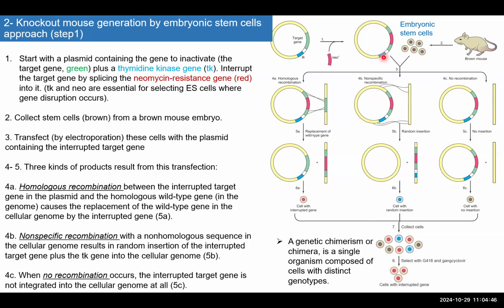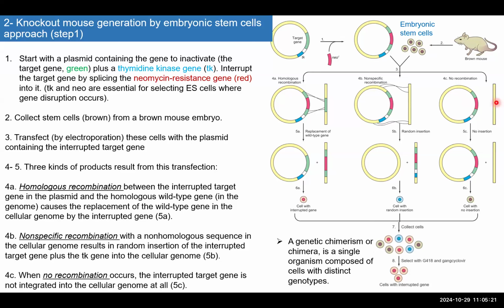Great. Now I will electroporate these vectors into the embryonic stem cells. So some embryonic stem cell, what will happen now? When the DNA is going to be integrated in the embryonic stem cells, there are 3 different outcomes. The first outcome would be there is no recombination at all. Therefore, the genomic DNA doesn't retain anything from the vector. Okay?